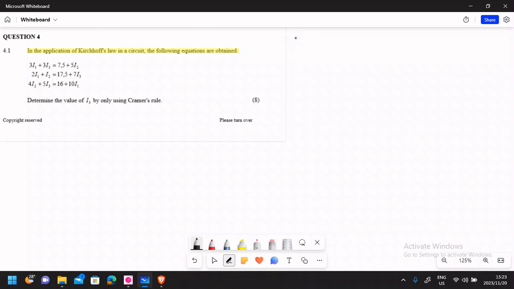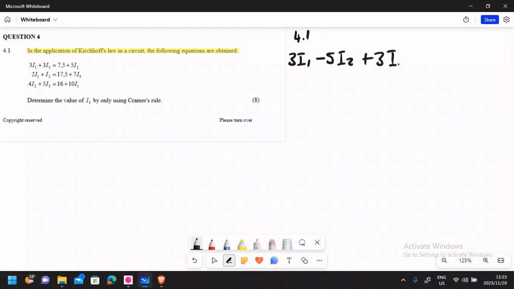Let's start with this equation here. We have 3I1, plus, wait, we cannot say plus, we need to say minus, because if we take this 5I2 to the other side, it's going to be minus 5I2, plus 3I3.